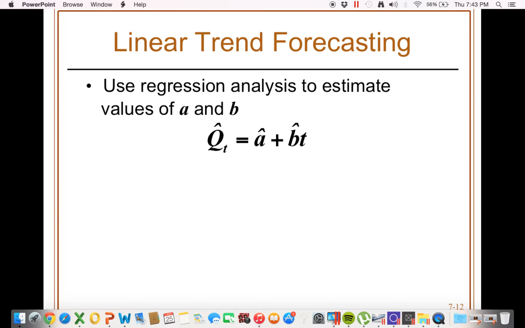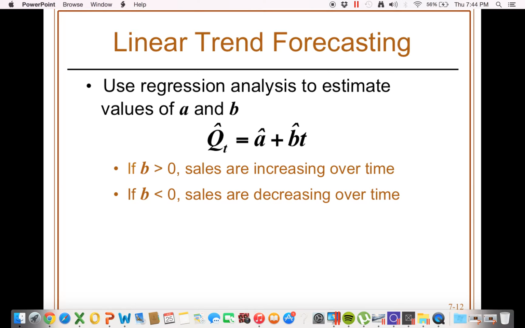Linear trend forecasting, you're going to use regression analysis to estimate the values of A and B. So that's why they have the little hats on them, A hat and B hat. They are estimated. If B is greater than 0, sales are increasing over time. That makes sense, right? If you can envision a chart with an upward sloping sales line, you'd assume the next year would be upward sloping too.